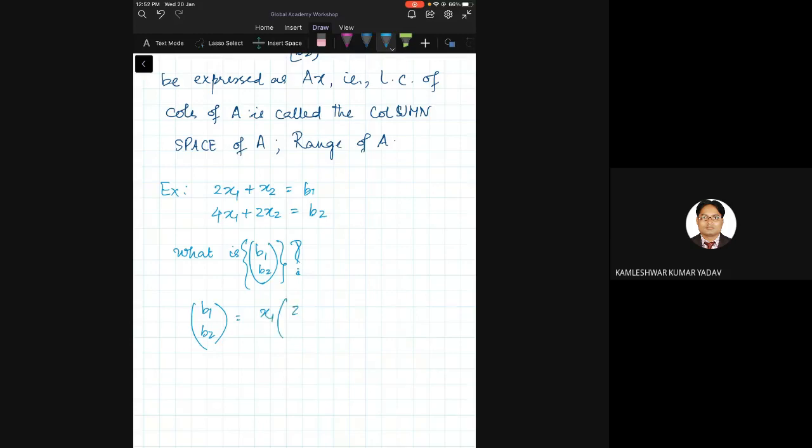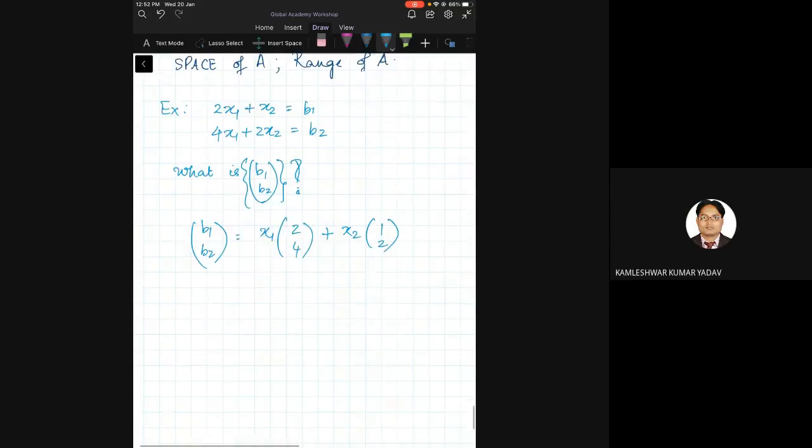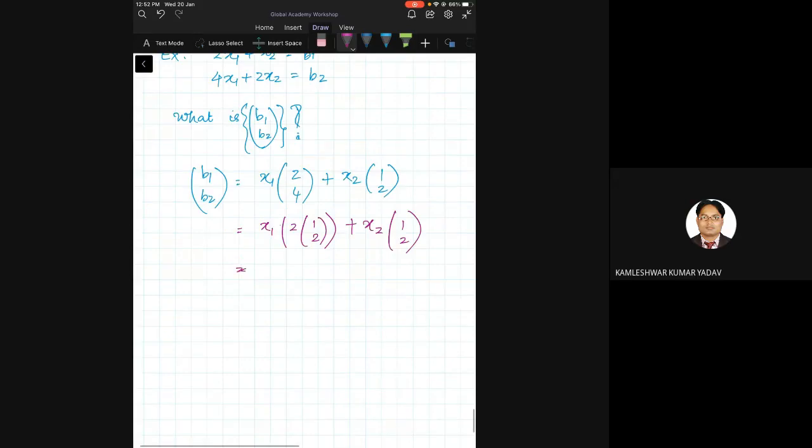x1 times (2, 4) plus x2 times (1, 2)? But both are dependent vectors: (2, 4) and (1, 2) are dependent. So this is nothing but x1 times 2 times (1, 2) plus x2 times (1, 2), which means 2x1 into (1, 2) plus x2 into (1, 2). Can I do this?